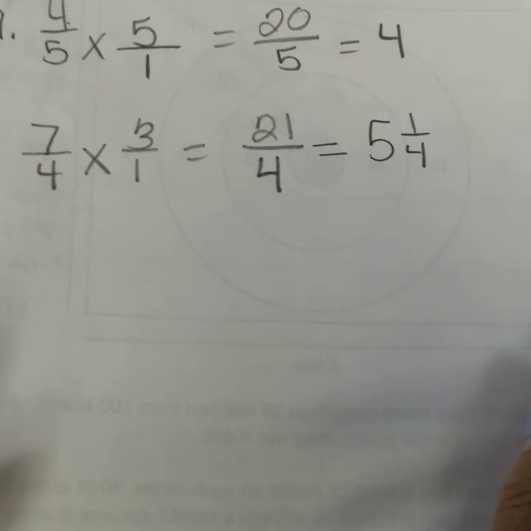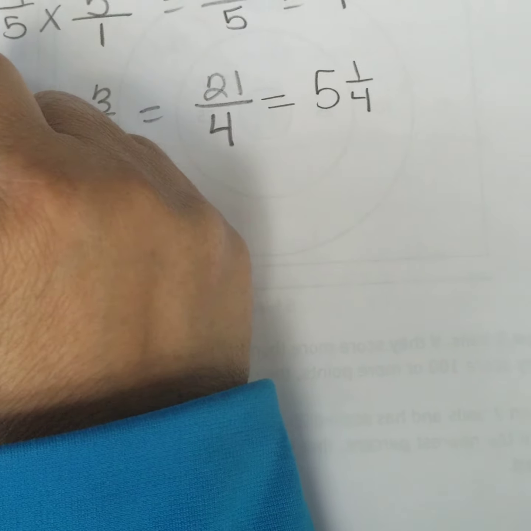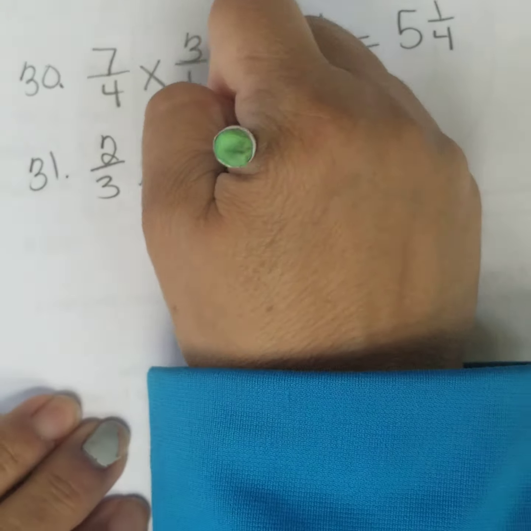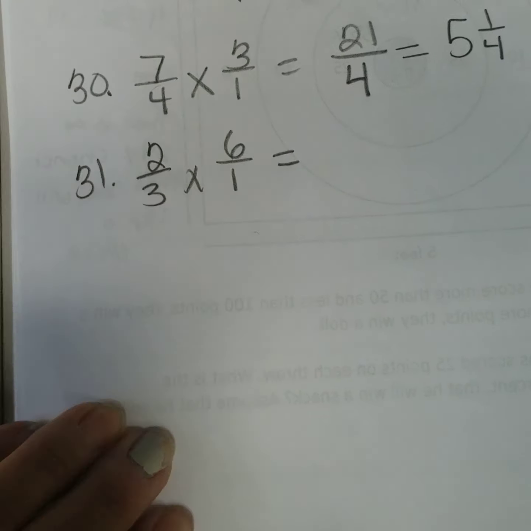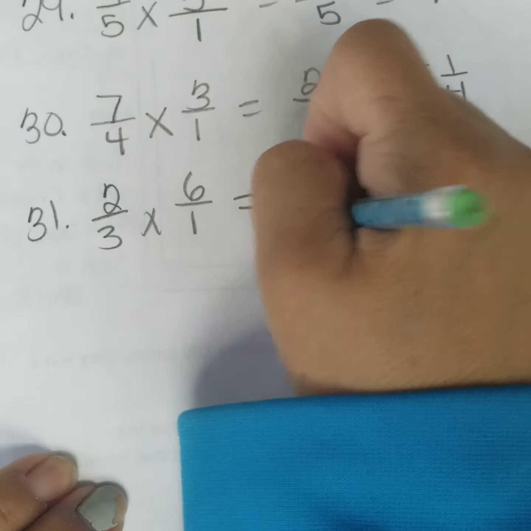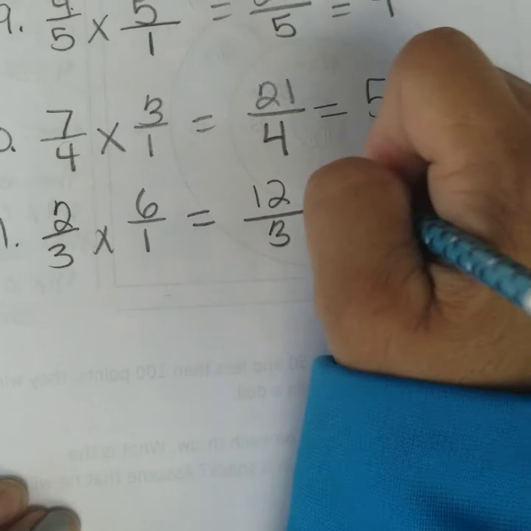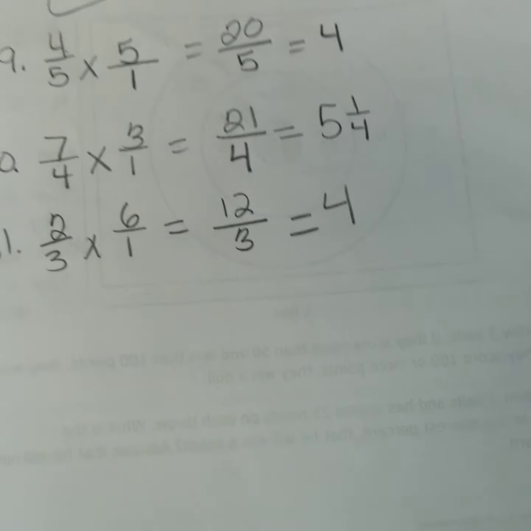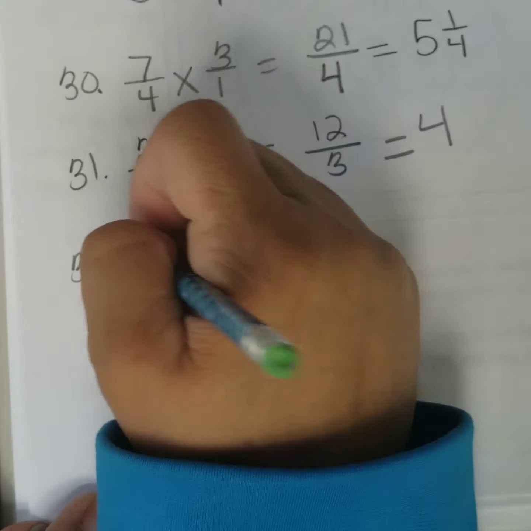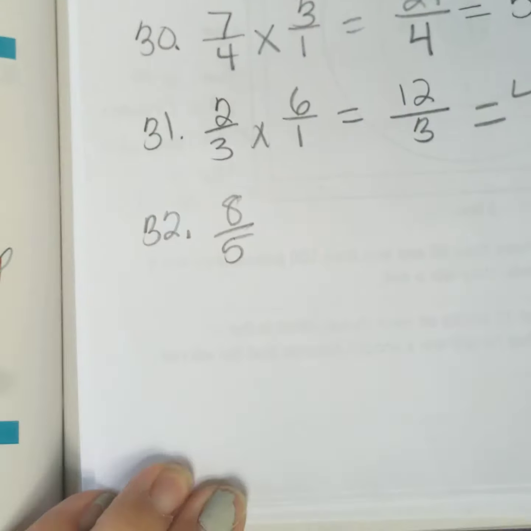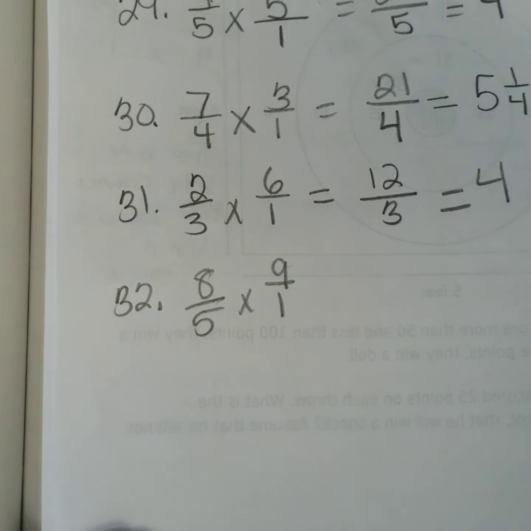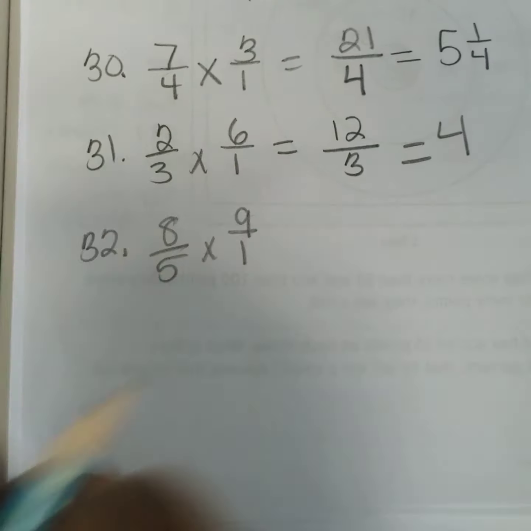Number 31. 2/3 times 6. 2/3 times 6 over 1, which is going to be 2 times 6 is 12. 3 times 1 is 3. And if we reduce that one, that becomes 4. Last one, 32. 8/5 times 9. 8/5 times 9 over 1. 8 times 9 is 72.